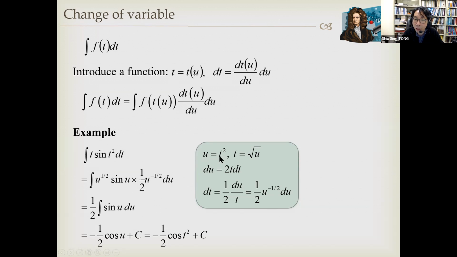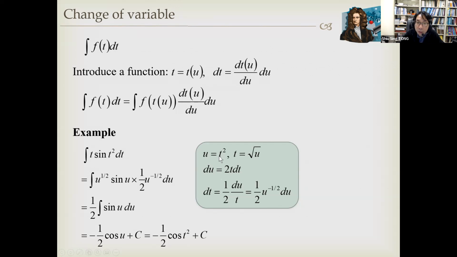Because if I put u equal to t squared, the argument of the sine will become sine u, right? I got rid of the t squared. If the other variable changes in a nice fashion, I would have a chance to evaluate the resulting integral, right? So let's see if it works.